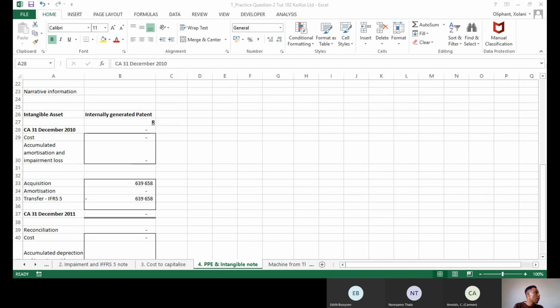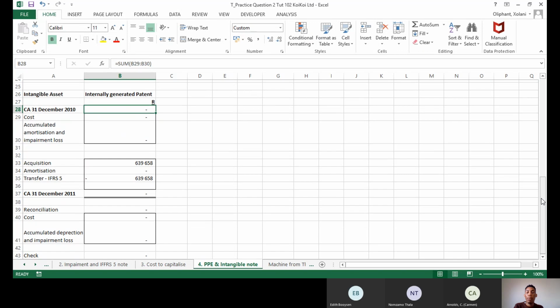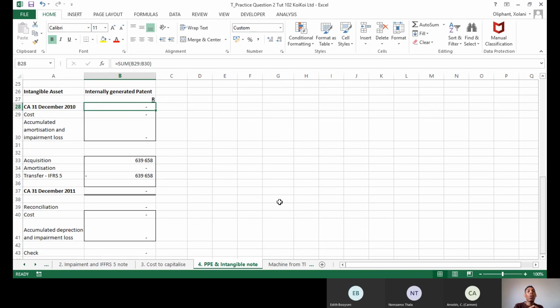Yep, so this was acquired in the current year, which is 2011. So the opening balances would have been nil because at that point in time there was no patent, because you only completed this patent now in the current year, which is 2011.